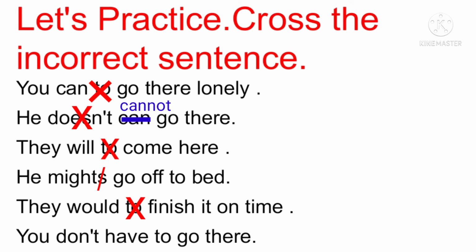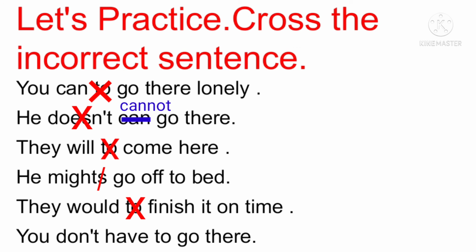Okay, let's see this negative sentence: "You don't have to go there." Now can you tell me, is this correct or incorrect? Yes. Here it is "have to." So I told you the exceptional case.